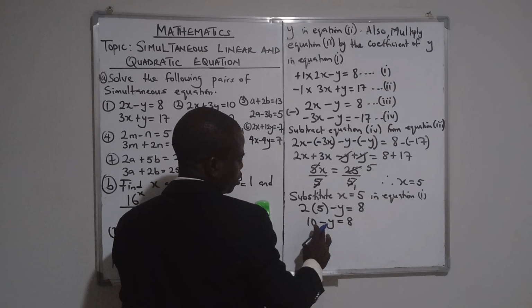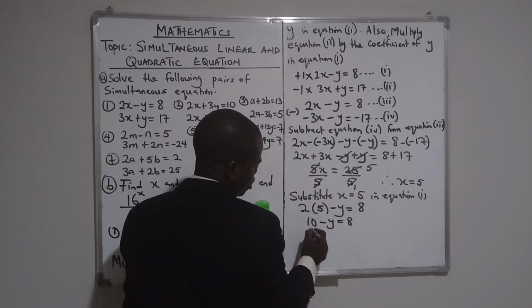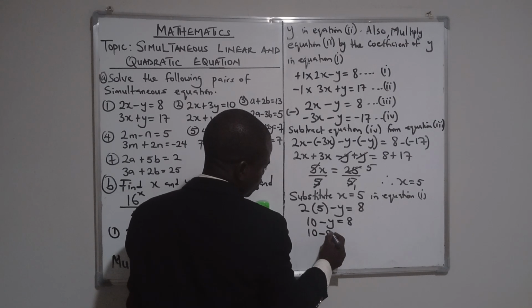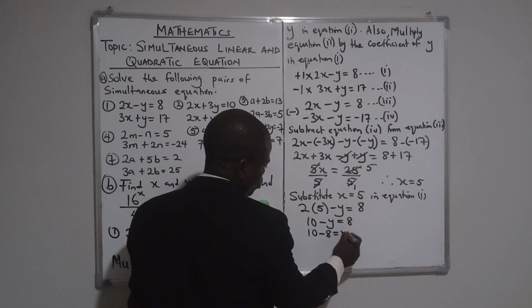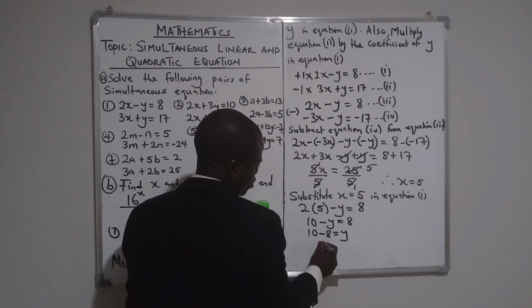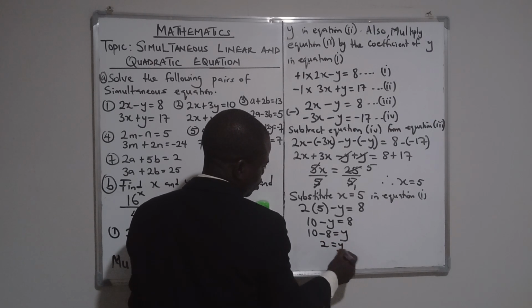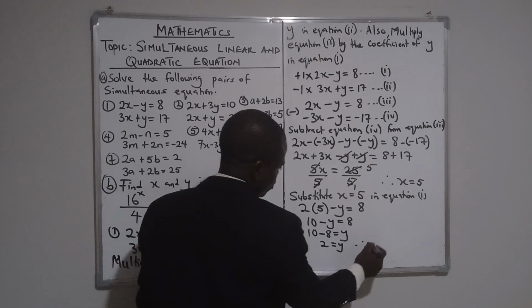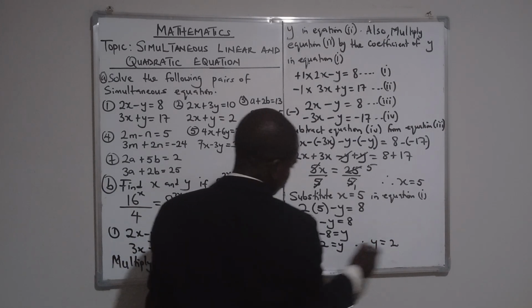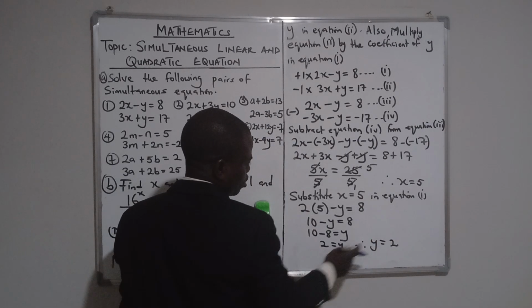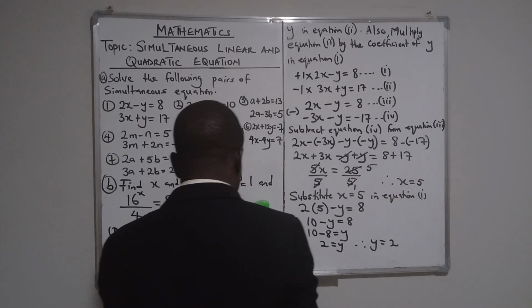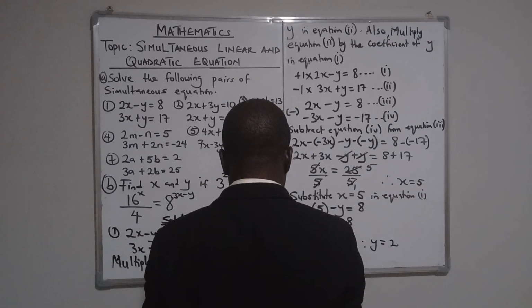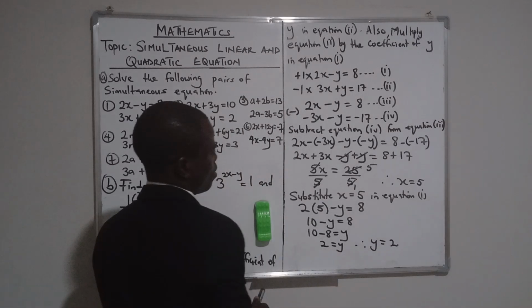Let's collect the items. Let y go to the other side: 10 minus 8 equals y. 2 equals y. Therefore, our y equals 2. Now that's it. x is 5 and y is 2.